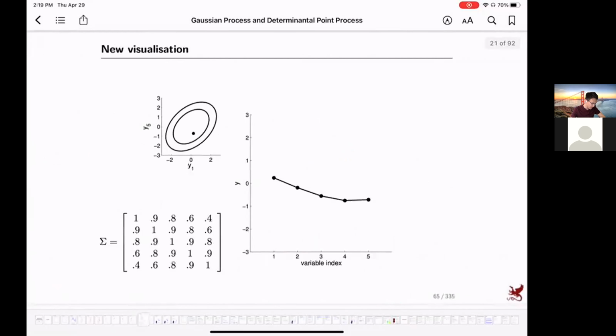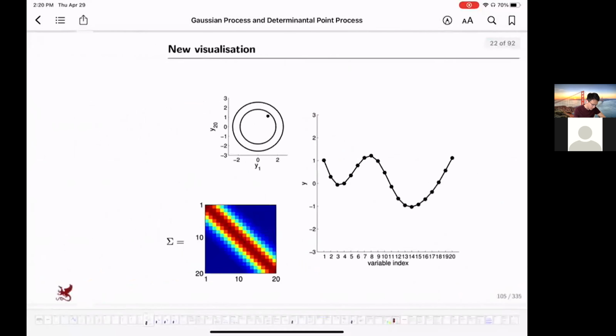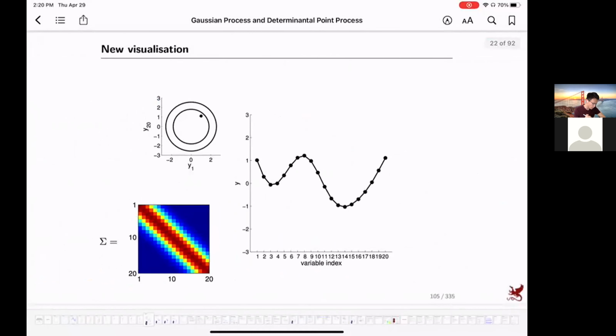So I can further extend that to be more than two-dimensional. In this case, for simplicity, I'm still showing only two dimensions, y1 and y5, but with this covariance matrix, you can see that I actually have 5 dimensions. I list out these 5 dimensions, the values of y1 through y5, and it gives me a curve that looks like this one. Similarly as before, I can draw a new sample. I can expand the number of dimensions.